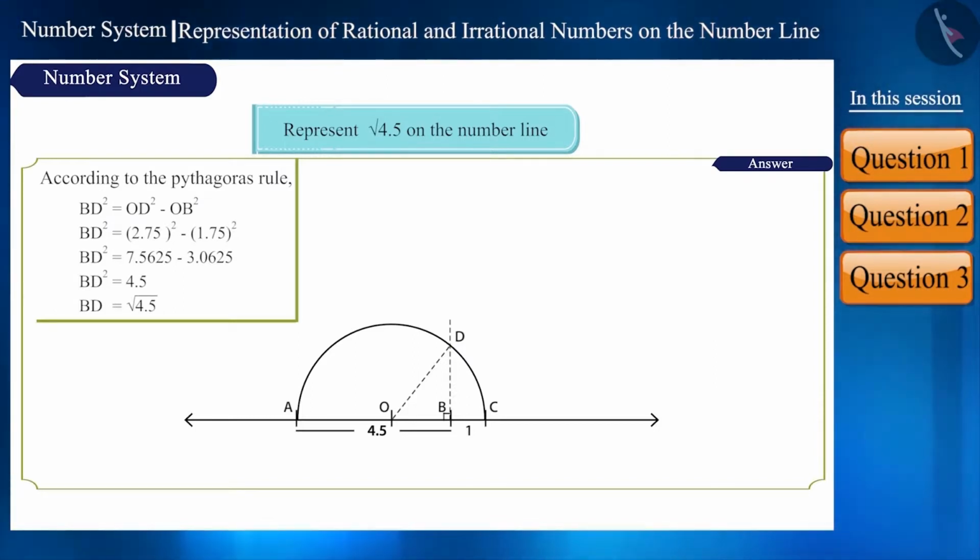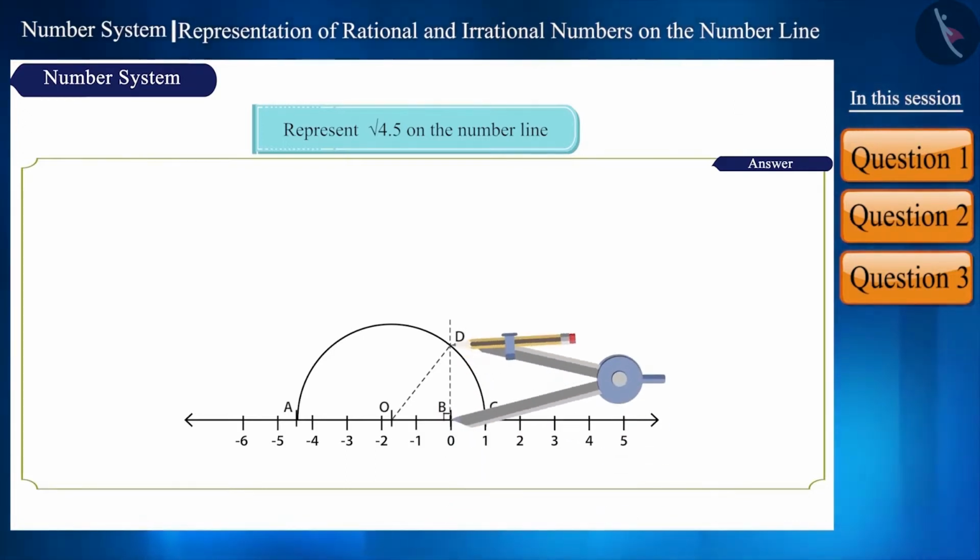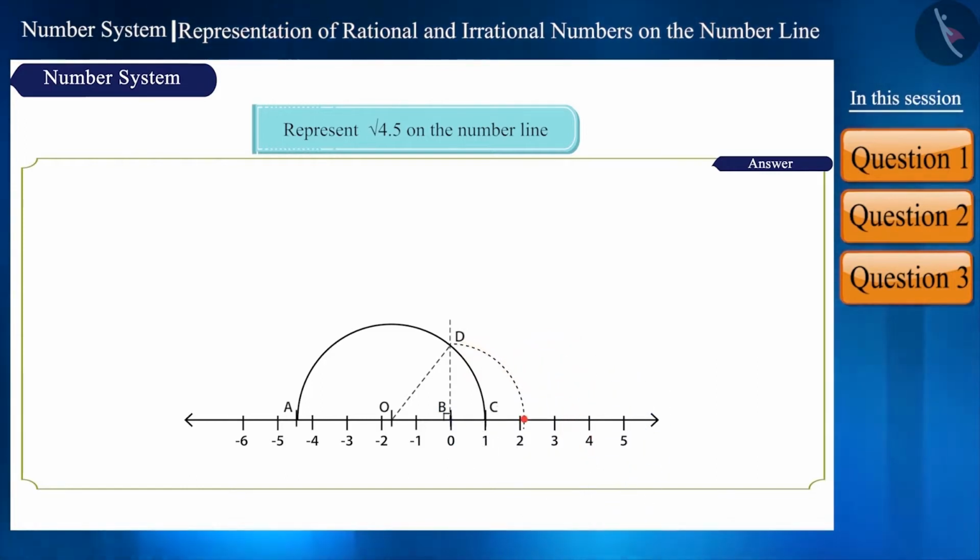We will get BD as root 4.5. To represent this on the number line, we consider point B as 0 and point C as 1, and by taking the radius as BD, we will draw an arc on the number line like this. This point on the number line will represent root 4.5. In this way, we can represent any positive real number on the number line.